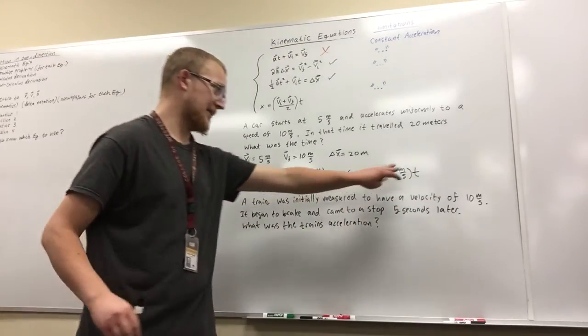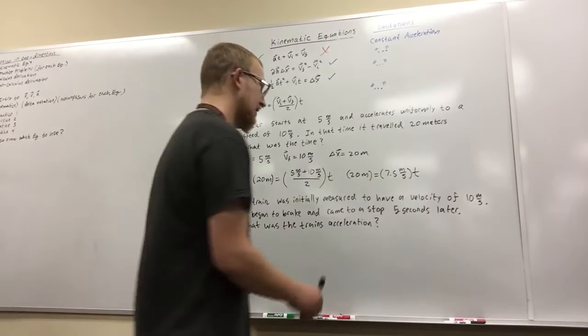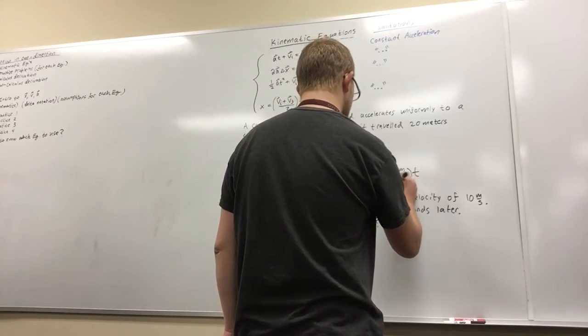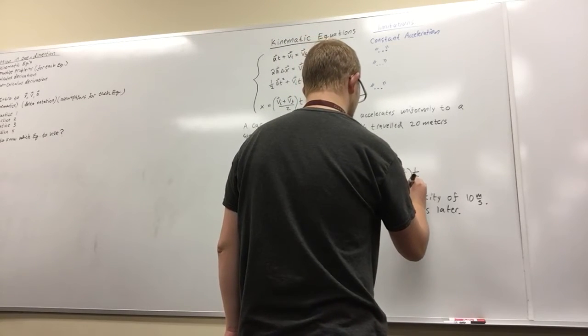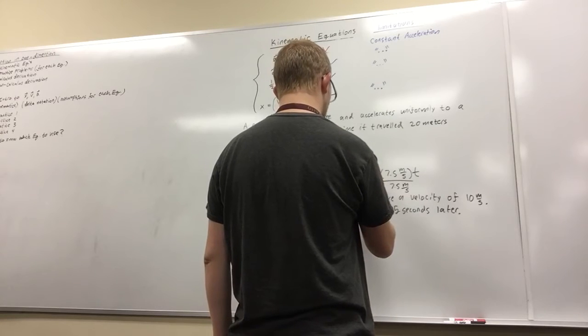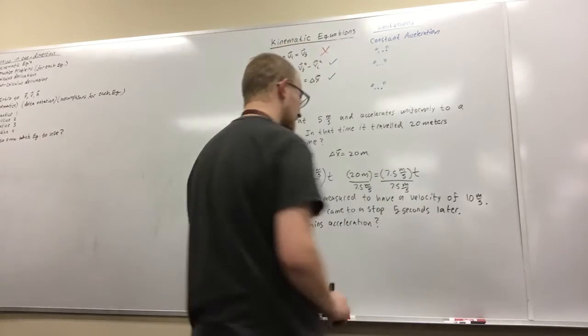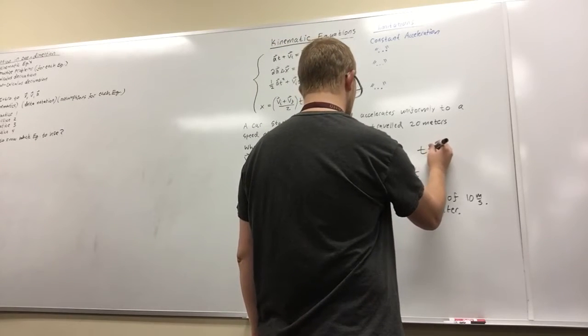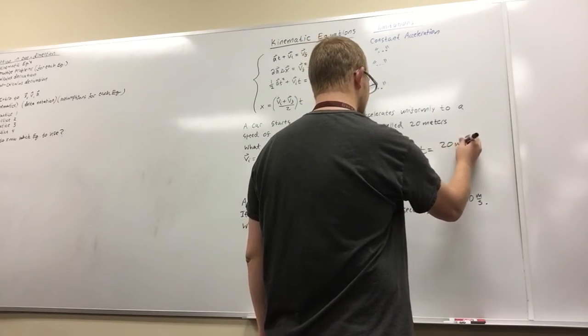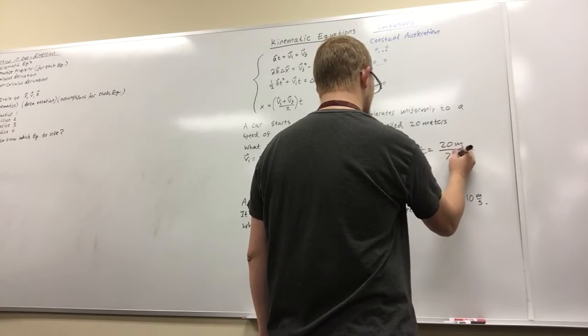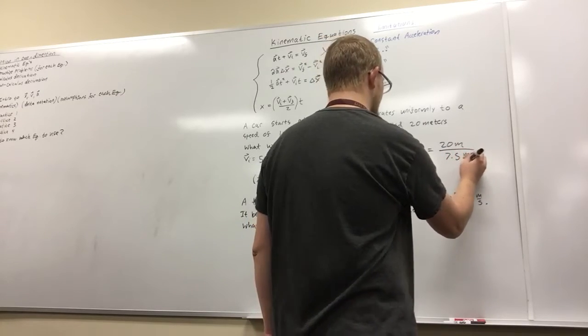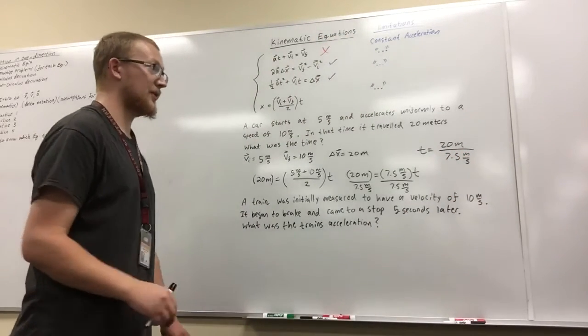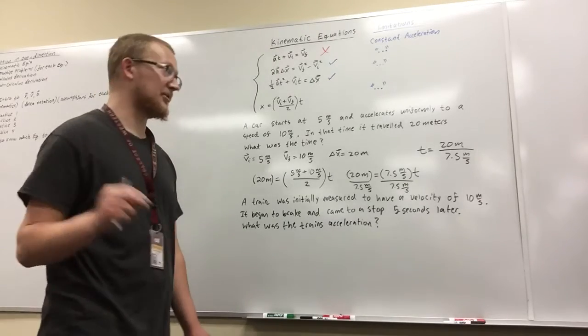Now we're going to use some algebra to get t all on its own. We're going to divide both sides by 7.5 meters per second. So time equals 20 meters divided by 7.5 meters per second. We're going to invert and multiply, right?